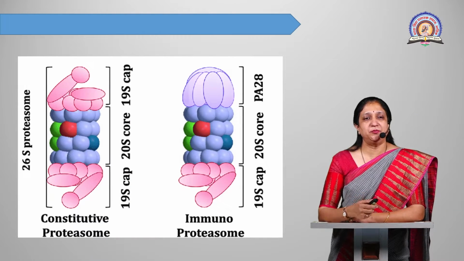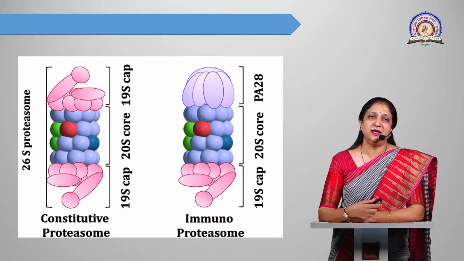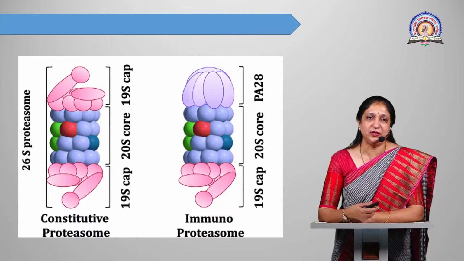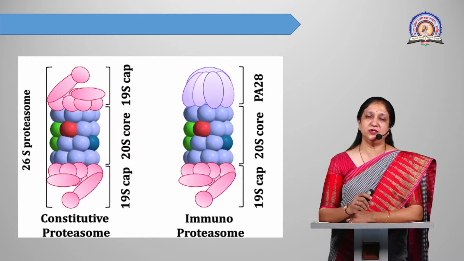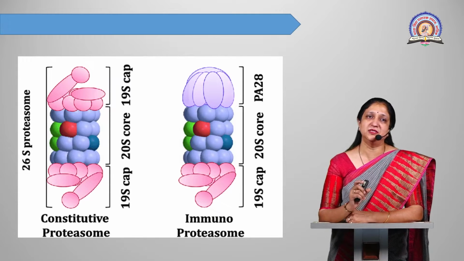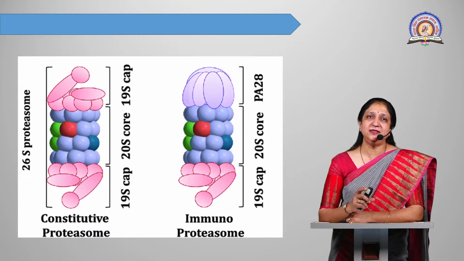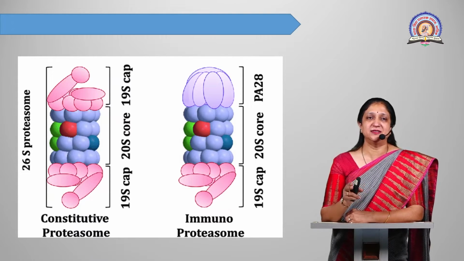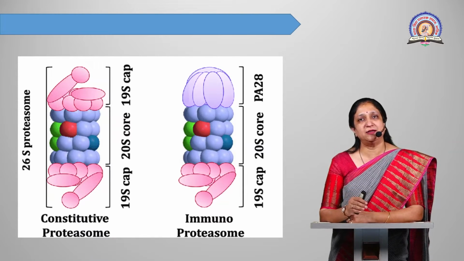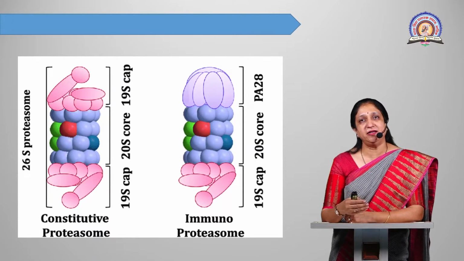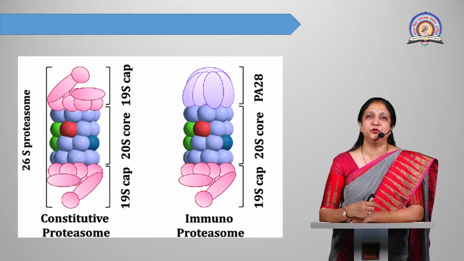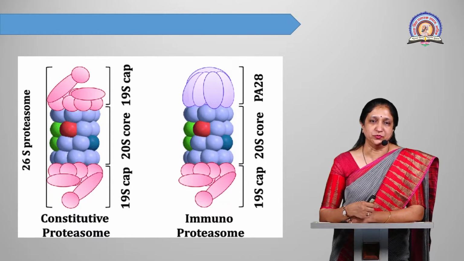The ubiquitin proteasome has two regions, the 19S and the 20S core. The 20S core is the central portion which forms a channel, while the 19S forms a cap which is like a valve which opens and closes and allows the entry of the ubiquitinated protein inside the proteasome.